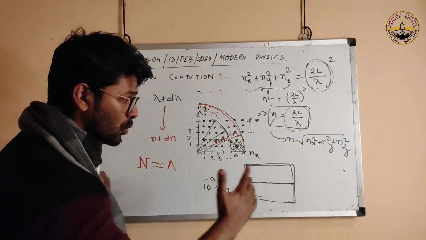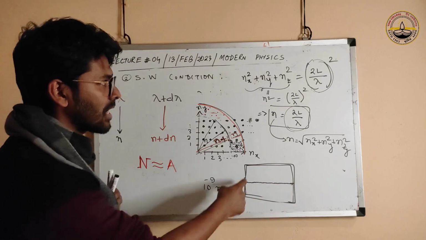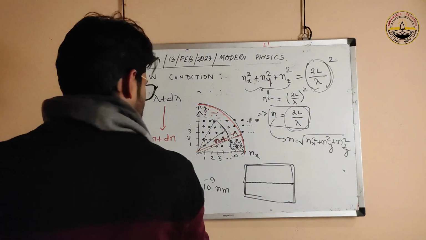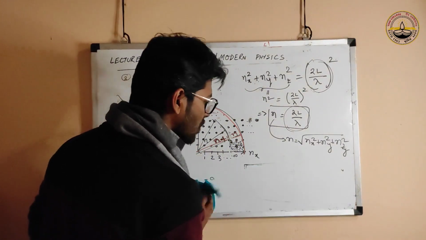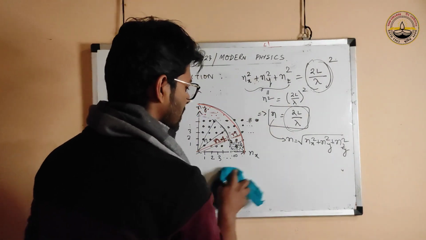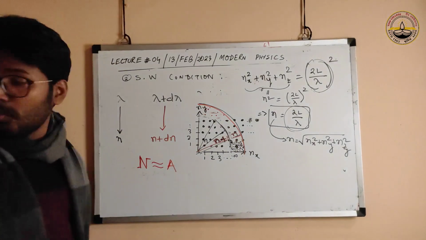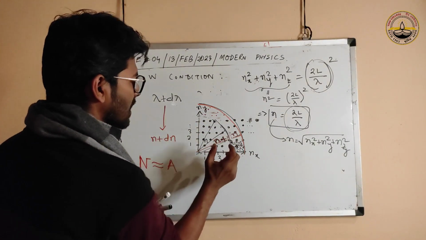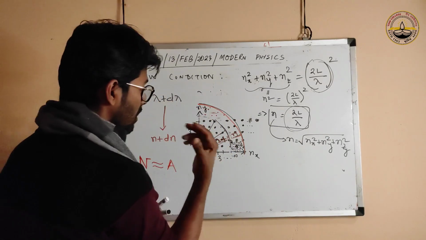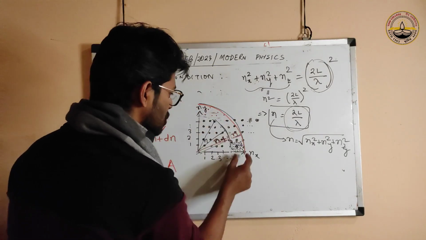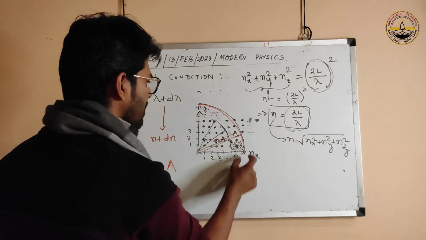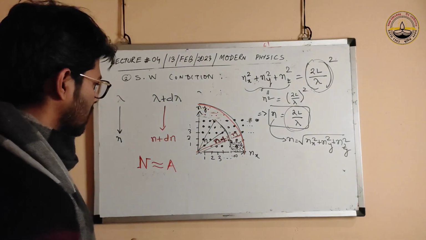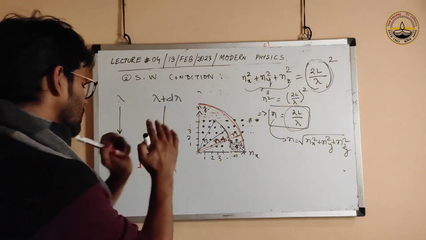So it's a huge number of standing waves, and that means huge numbers for these nx, ny, and nz. And that's the assumption actually. The size of our cavity is big enough, and then we can equate the number of points within this strip, within this area, to the area, and we are going to use it.